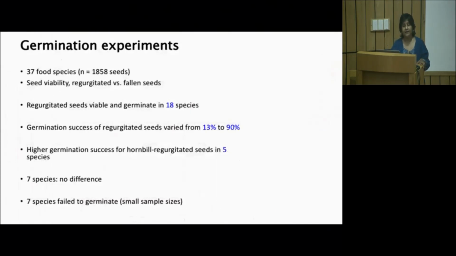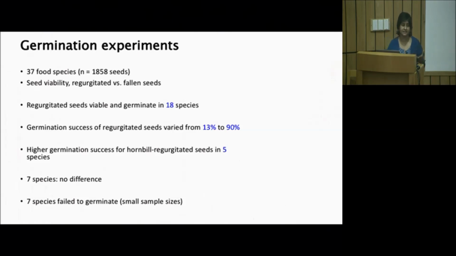One of the other things that I did during that time of my research was look at whether germination of seeds regurgitated by hornbills was better and more than germination of fallen seeds which are collected from under the parent fruiting trees. I did this for 37 food species.